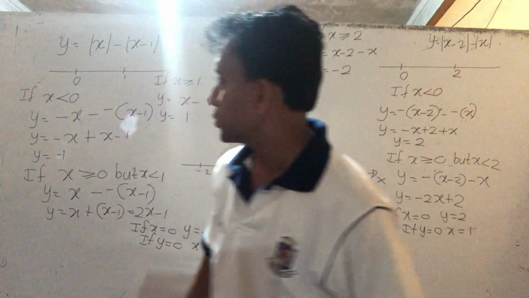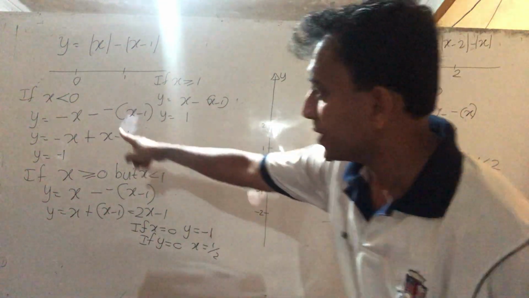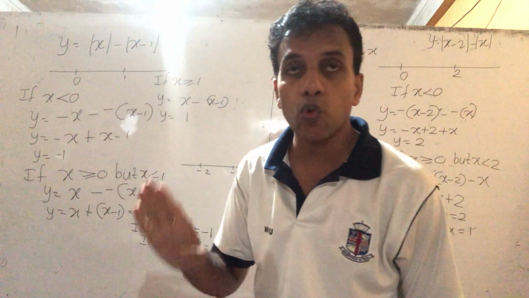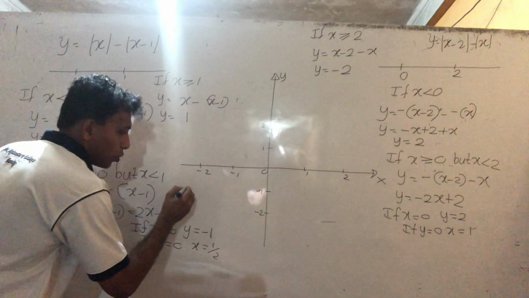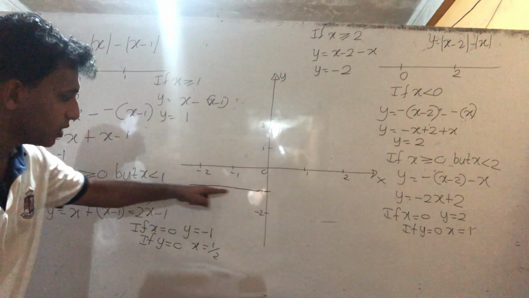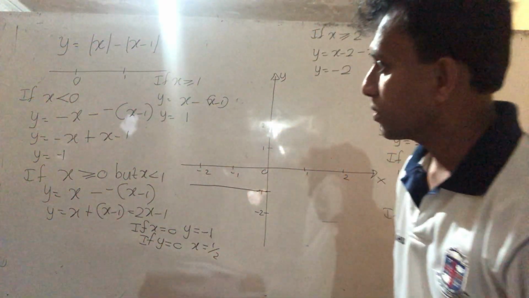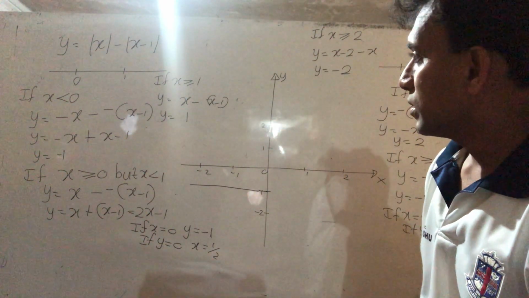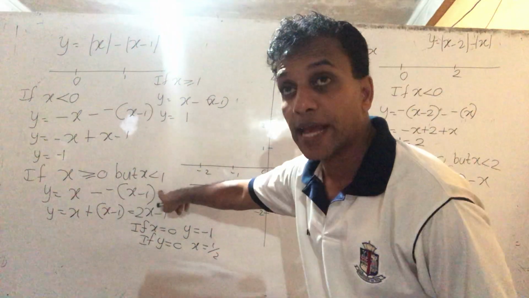First draw those graphs. x less than 0, y equals minus 1. How is the graph? x less than 0, y equals minus 1. It's the graph y equals minus 1, for x less than 0. Okay. Next, x greater than or equal to 0 but less than 1.